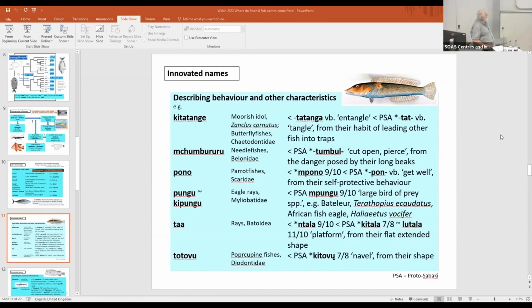You can see some of them, because some of them are shared with Comorian as well. And there are some examples in that table. I won't go through them, but these are all names which you can hypothesize are derived from the language itself, or whatever that language was, Proto-Sabaki, Proto-Swahili, and so on.